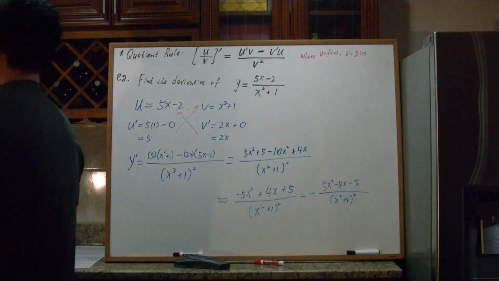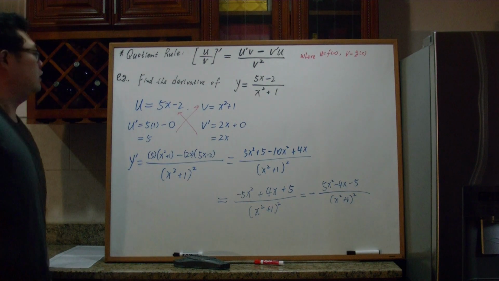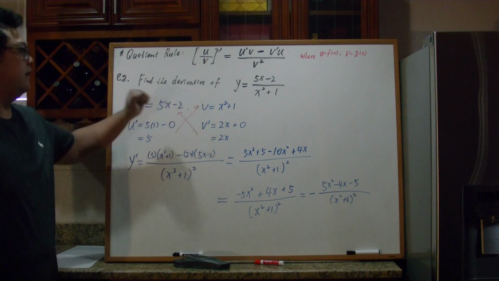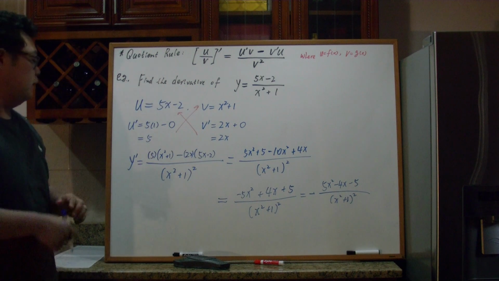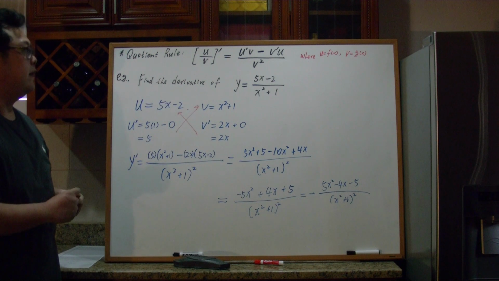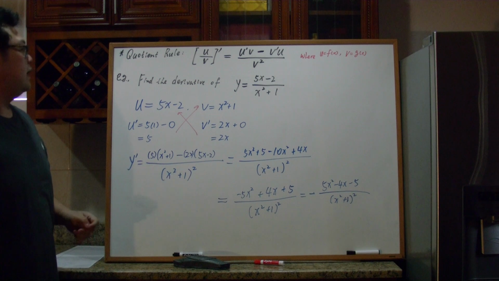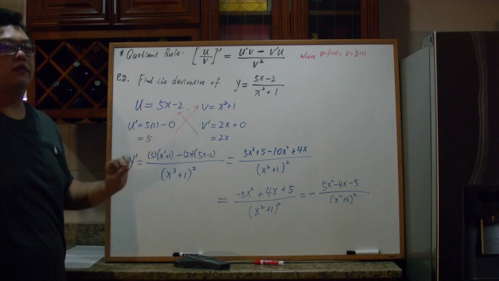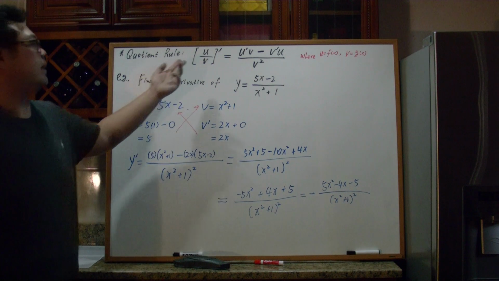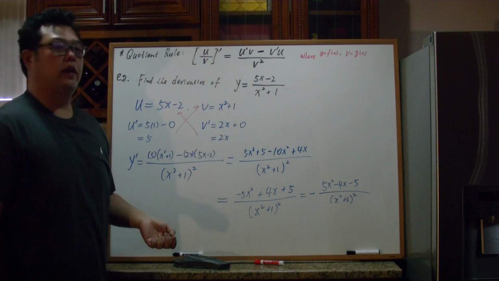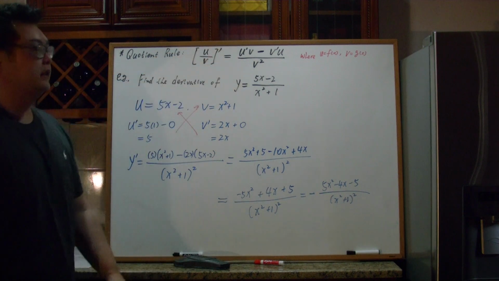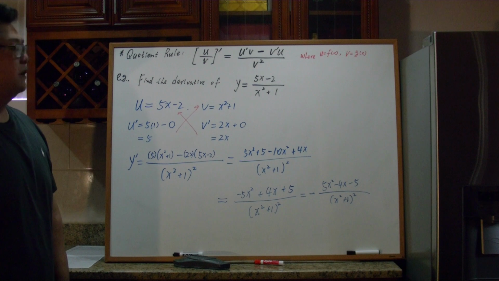Still, with either the product rule or the quotient rule, what we need to do is identify u and v. With the quotient rule, u and v are more strict: we have to make the numerator u and the denominator v, to make sure we use the correct formula. If we go the opposite way, it will affect the formula, which means it will be wrong.